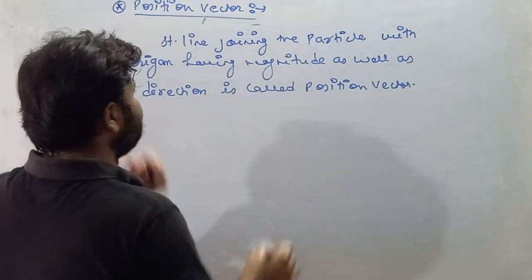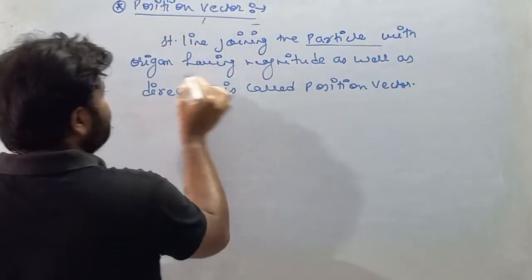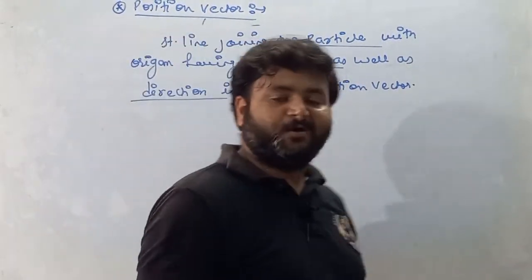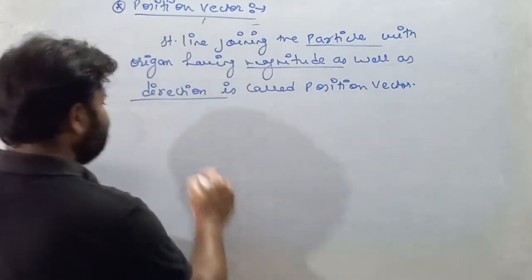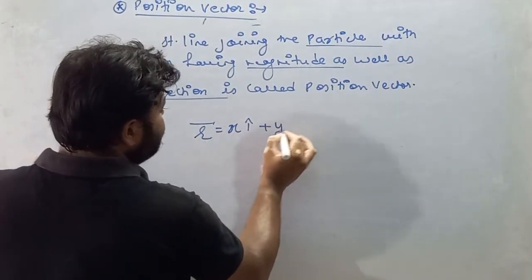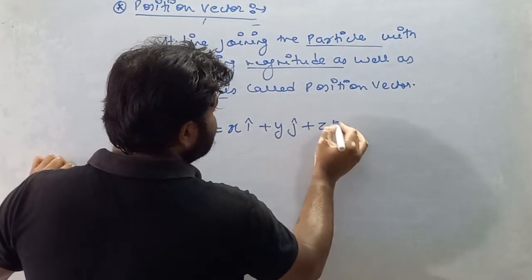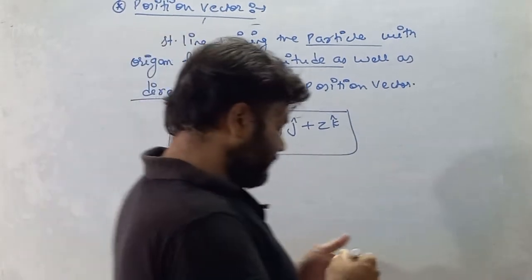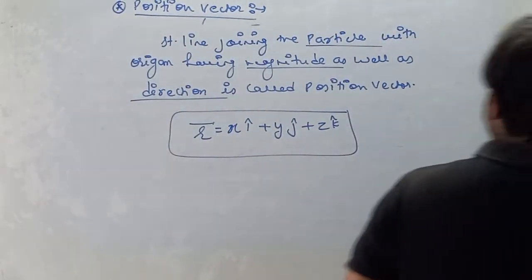A straight line joining the particle with origin, having magnitude as well as direction, is called position vector. And the formula of position vector is x i cap plus y j cap plus z k cap. So I hope you all understand what actually position vector is.